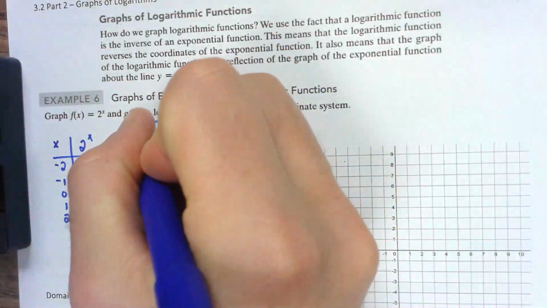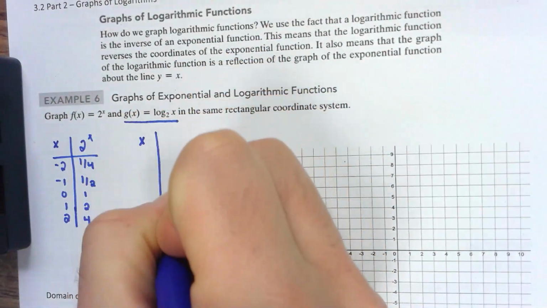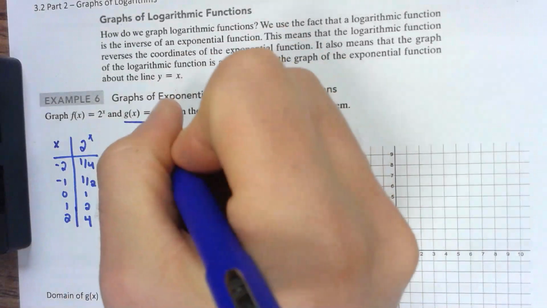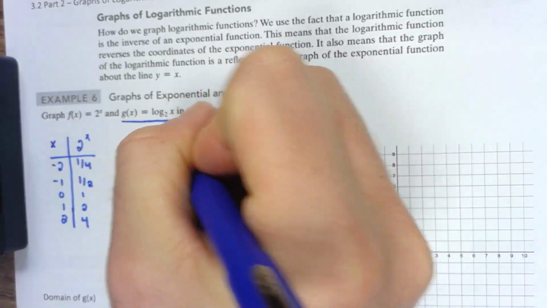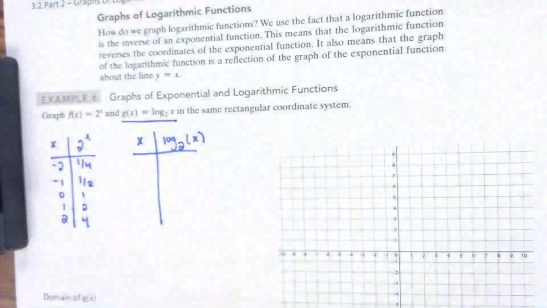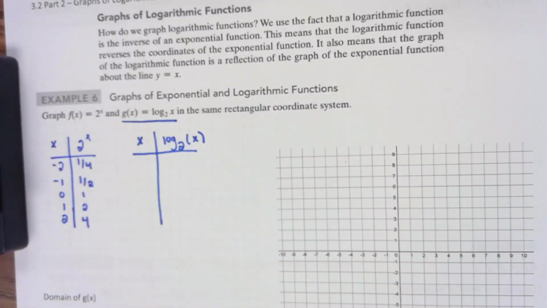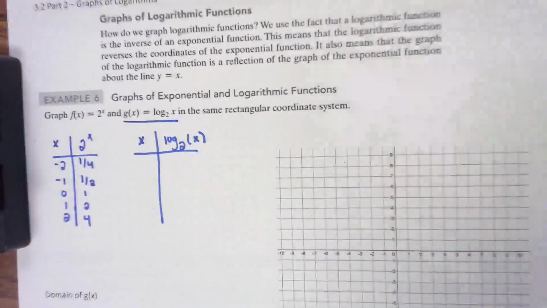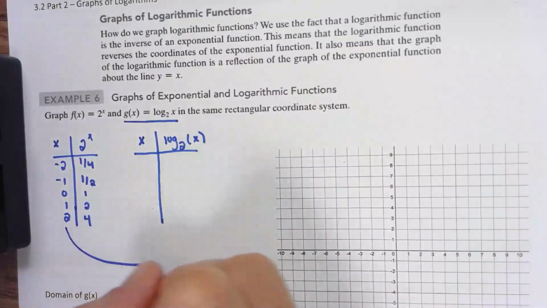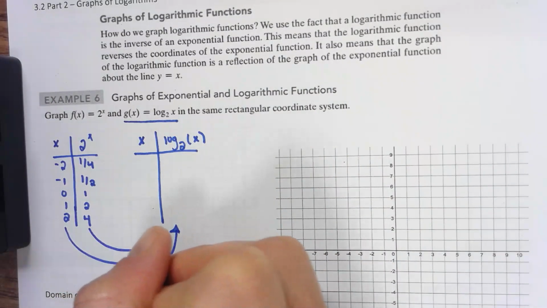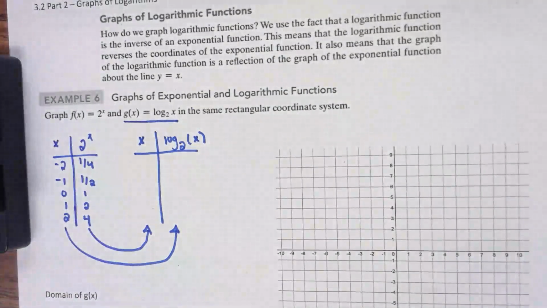And so we're going to make another table of values of x, and the y values here come from log base 2 of x. Well, knowing that 2 to the power of x and log base 2 of x are inverses of one another, we can graph these by taking the domain and making it the range, so x's become y's, and the range becomes the domain, so y's become x's.